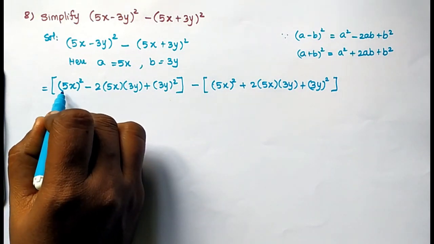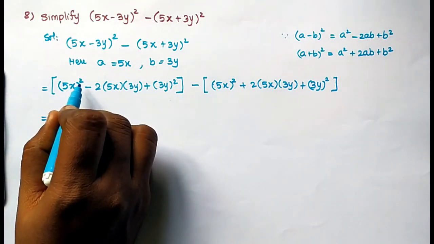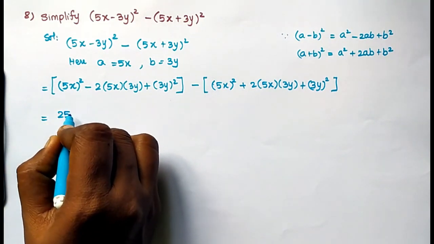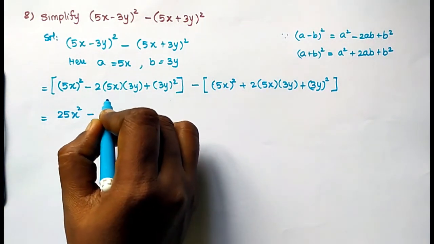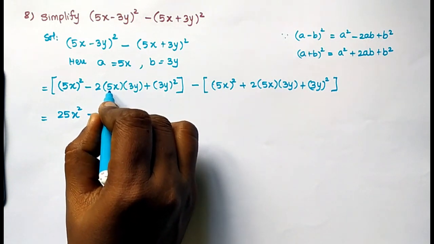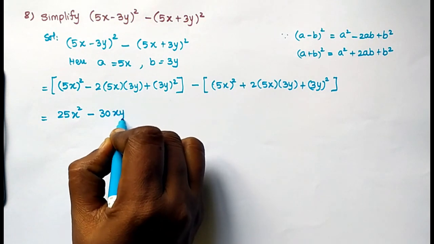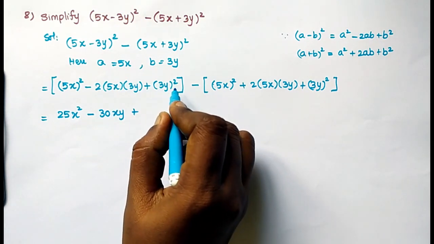Next step, 5x whole squared, 5 squared 25, x squared minus 2 5s are 10, 10 3s are 30, x into y, xy, plus 3y the whole squared.